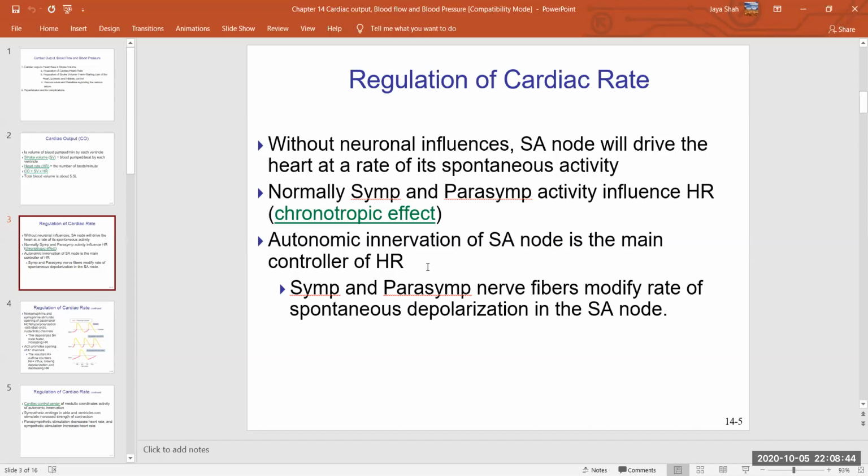The SA node is the pacemaker of the heart and controls the heart at its own rate, but the autonomic nervous system can influence it. Sympathetic and parasympathetic nerve fibers modify the rate of spontaneous depolarization in the SA node.